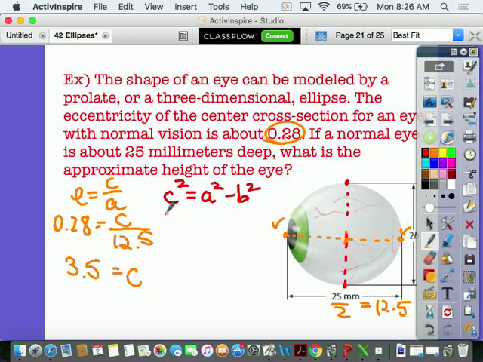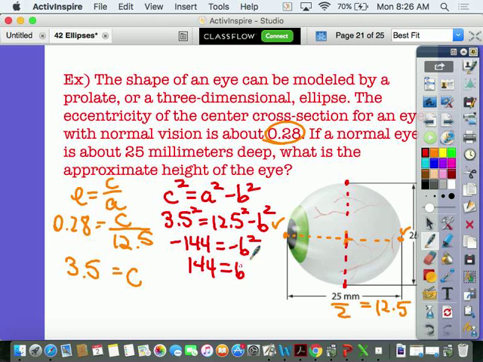And then we plug in. So 3.5 squared equals 12.5 squared minus B squared. So when we type that in, 3.5 squared, and then I'm going to subtract 12.5 squared, I get a negative 144 equals a negative B squared. I kind of combined those steps right there.